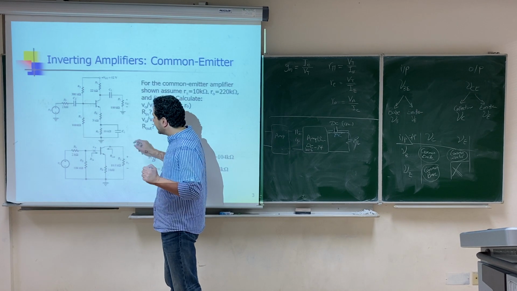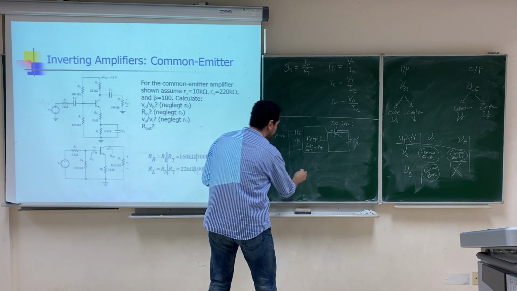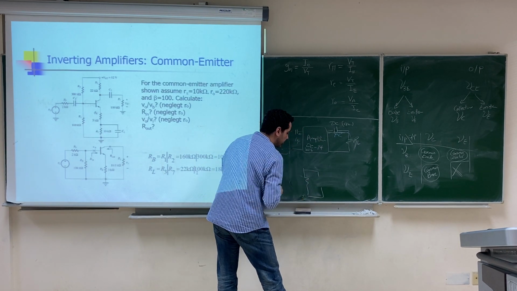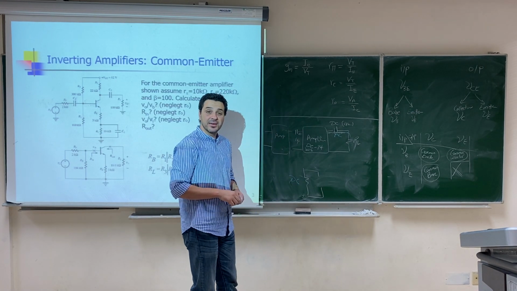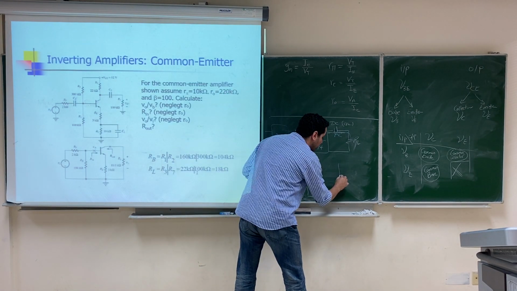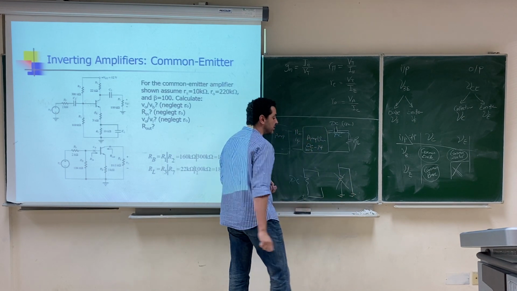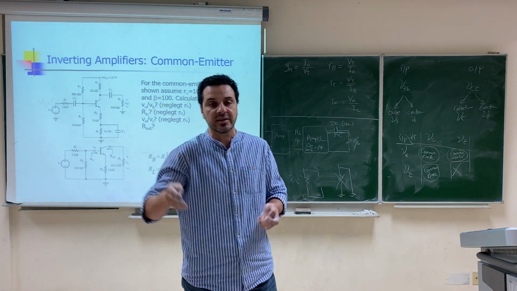For the DC, this capacitor will be open circuit, so the resistor will exist. The resistor will be there, because the capacitor is open circuit with respect to the DC. For the AC, the capacitor will be approximately short circuit, so this resistor will be short circuited and it will disappear. It's like you can remove it because it's short circuited, right?